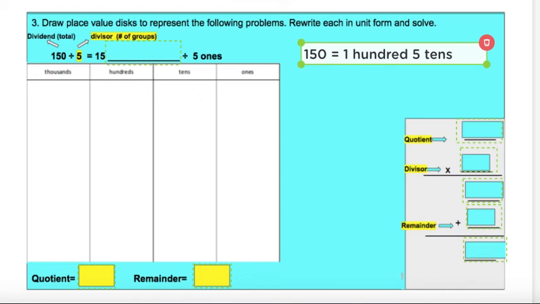I have 5 tens. Do I have any ones in this number? No, I don't. So 150 is the same thing as saying 1 hundred 5 tens. In this case, y'all, we're going to have to actually draw on our place value chart before we can fill in our top blank. And how many groups am I breaking this place value chart into?